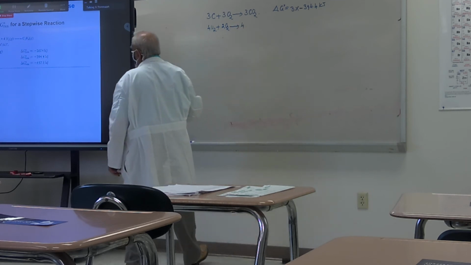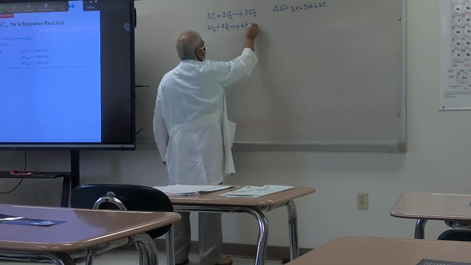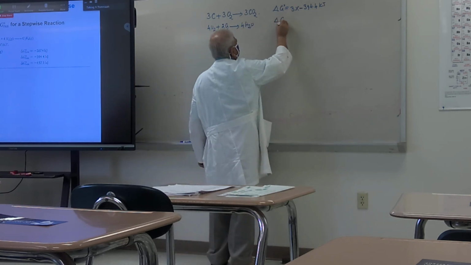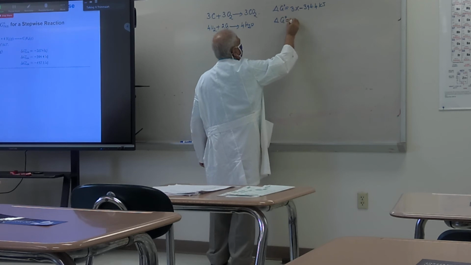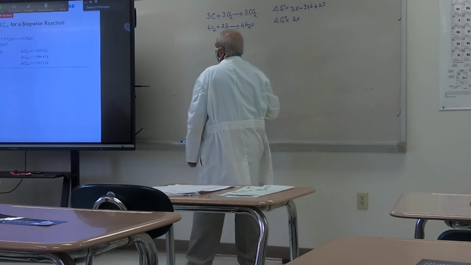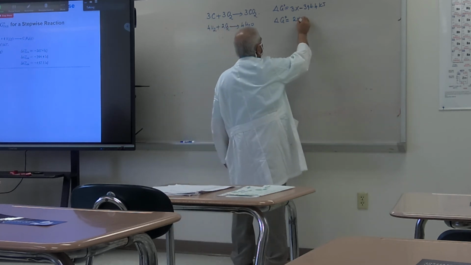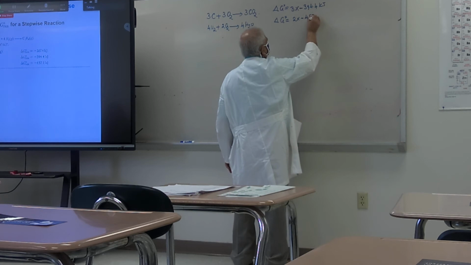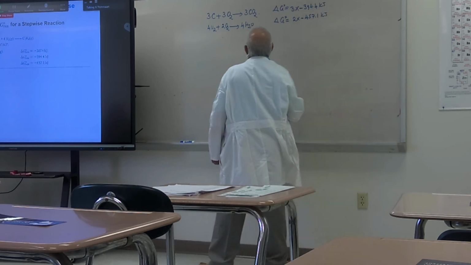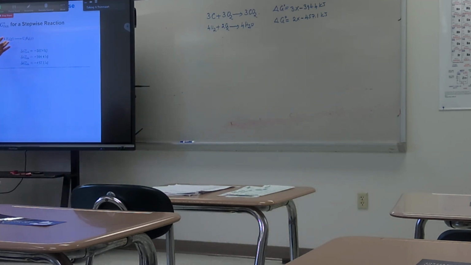Is it 4H2O? Yes. So then delta G0 of that is going to be what? 2 times negative 457.1 kilojoules. Okay, now you have the values for these two, correct?